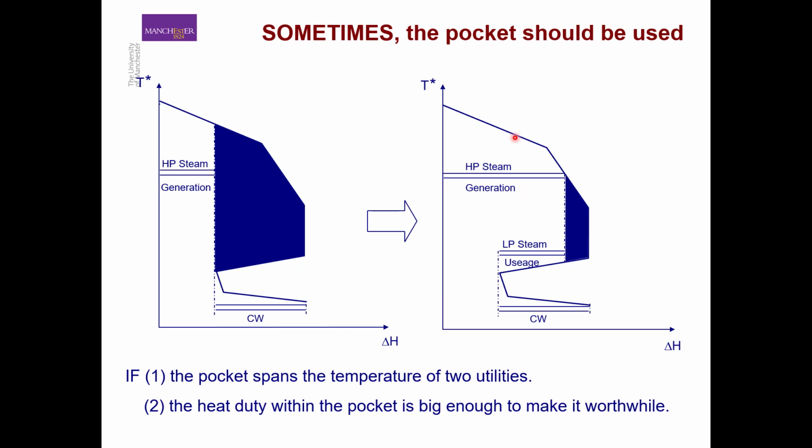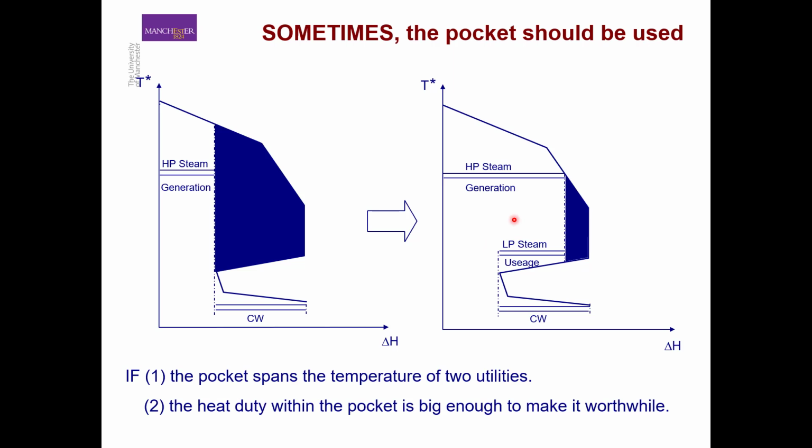But now we are missing the heat that was provided by these process streams to this part of the cold streams. So as a consequence, we have to supply another form of utility, and in this case, we are supplying, for example, LP steam to satisfy the need for the process heating of this part of the cold streams here.